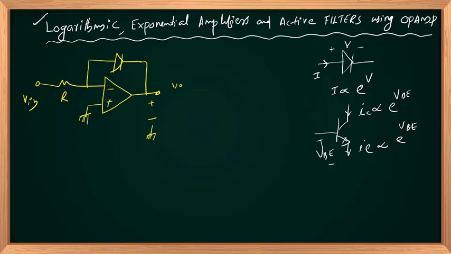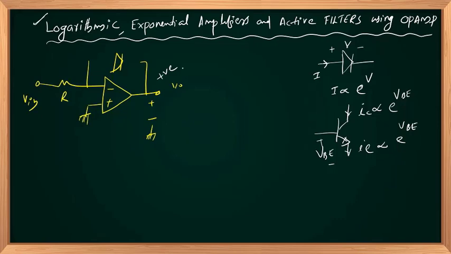Right, for negative Vin, if Vin is negative, your op-amp output goes to positive because it's an inverting amplifier. So if your Vin is negative, the diode becomes reverse biased. When the diode is reverse biased, there is no feedback in the circuit, so output is saturated.